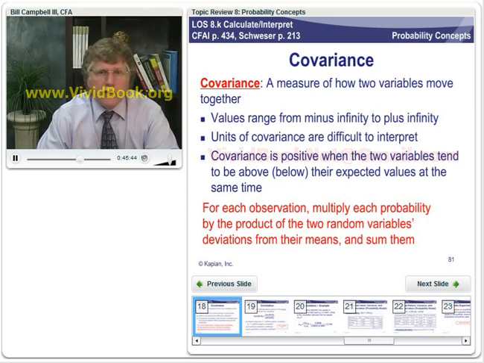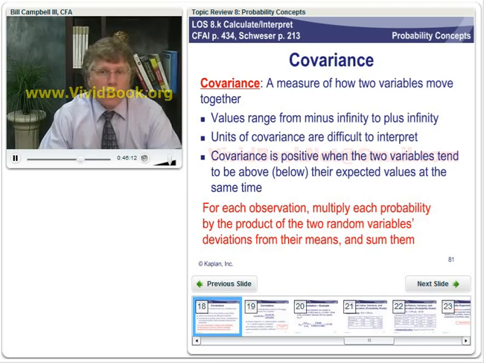The thing to notice about covariance, look at that third bullet point. You will get a positive contribution to covariance when both numbers are above their average. So when the height of this baby giraffe is above its average, when the S&P 500 is above its average, you get a positive number times a positive number, positive contribution to the covariance.